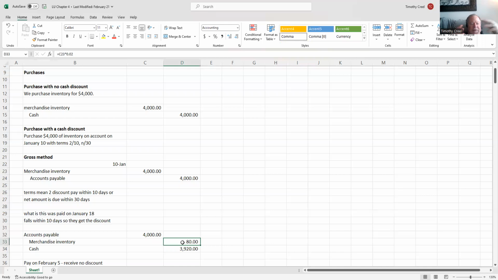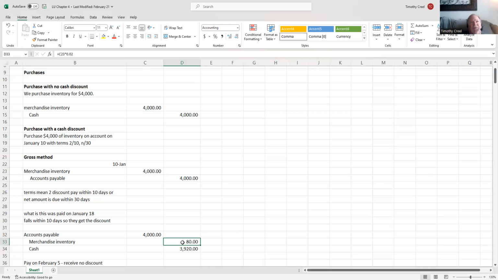If I'm receiving a discount, that means I'm paying less for the inventory, so I need to reduce what I've recorded for the inventory with the journal entry. Anytime I pay early and get a discount, I'm in essence reducing the value of that inventory on my books. That's how the discount is going to be reflected.